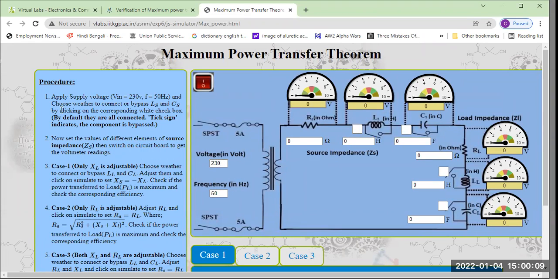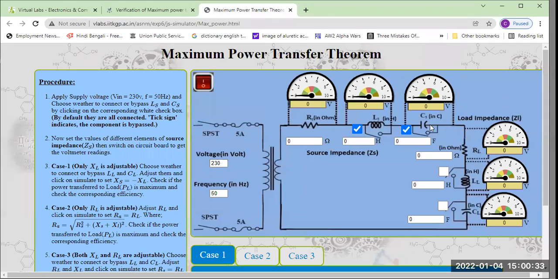Okay, and choose whether to connect or bypass the LS and the CS by clicking on the corresponding white checkbox. Okay, just checkbox. Yes, this is done.